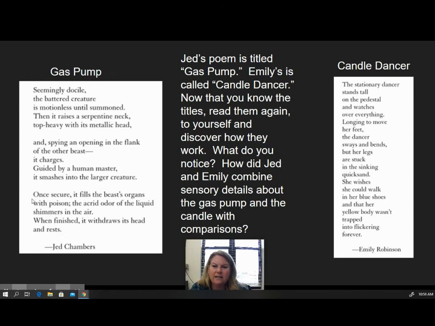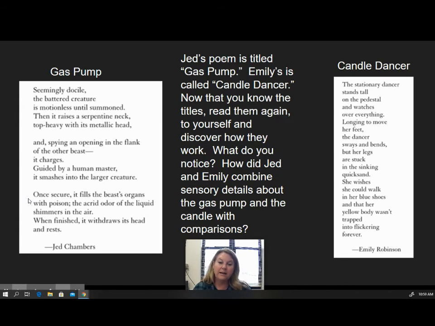So in Gas Pump, it's acting like the gas pump is a beast, and it charges into another beast, seeing an opening in the flank. That's the gas door, or where you put gas into the car. It charges guided by a human master because, of course, your hand is going to have to put the handle of the gas pump into the actual car. Once secure, it fills the beast's organs with poison, the acrid odor of the liquid.